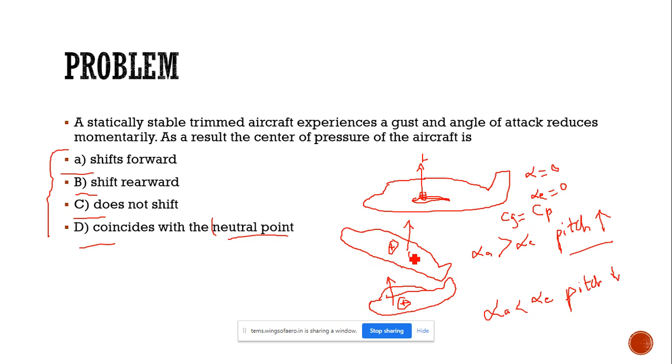So for pitch up, the center of pressure will move backward. For pitch down, the center of pressure will shift forward. Also we can say like this: when the angle of attack is increasing, the center of pressure moves backward or shifts rearward. When the angle of attack is decreasing, the center of pressure shifts forward. Therefore, here the answer is A, that is, the center of pressure shifts forward.